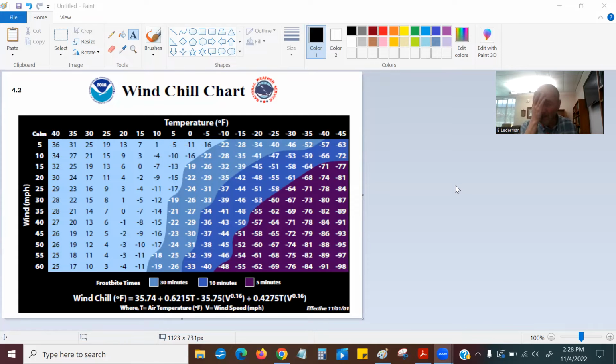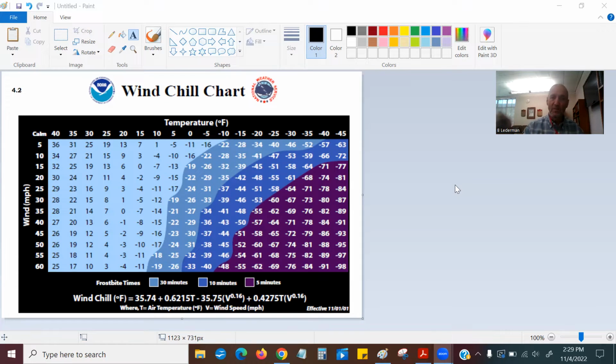So here's the deal. Let's say it's a cold day. It feels colder if it's also windy. You see what I'm saying? That's what wind chill means: there's the actual temperature, and then there's how you feel.